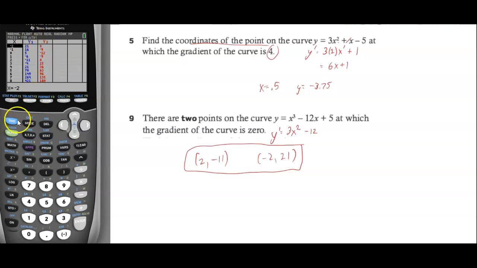Okay, what does it mean when you have a gradient of 0? It means that the gradient is flat. I'm just going to graph this for a second. Maybe we can see where the gradient is flat. Well, I'm going to have to zoom fit a little bit. Let me turn off the derivative function because it's not helpful.